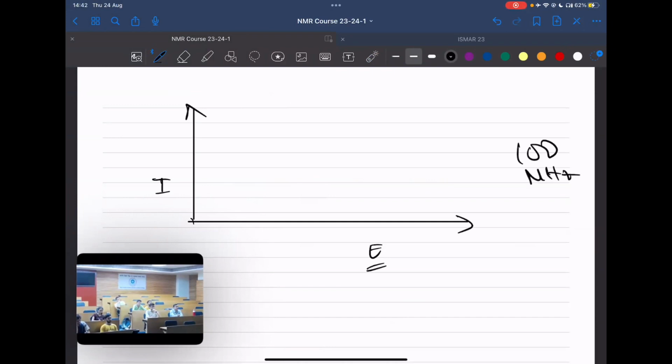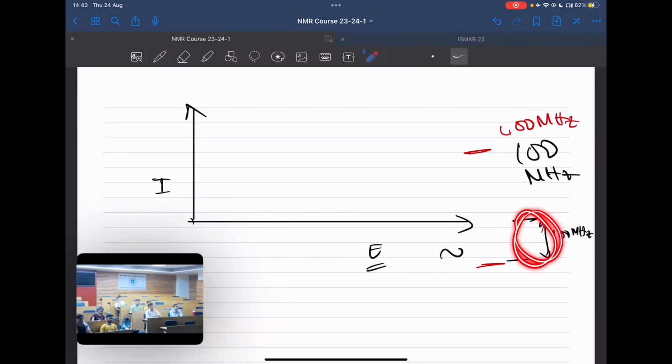Remember, the energy difference is going to be very close to 100 megahertz, depending upon the small changes in shielding that come. When you go to 400 megahertz, the energy difference for the same system is going to be around 400 megahertz, and it keeps changing. Due to this, the spectrum you get at 400 versus 100 megahertz is going to be quite different, which we do not want.